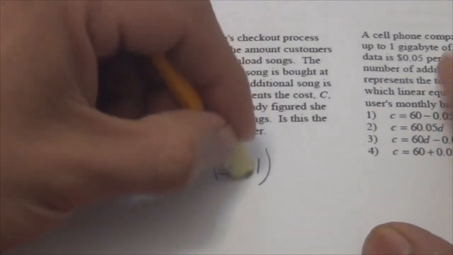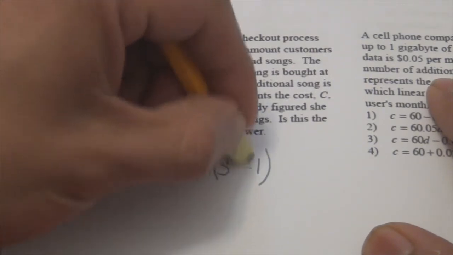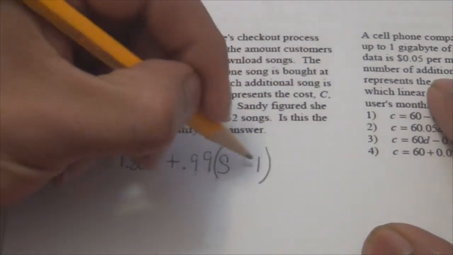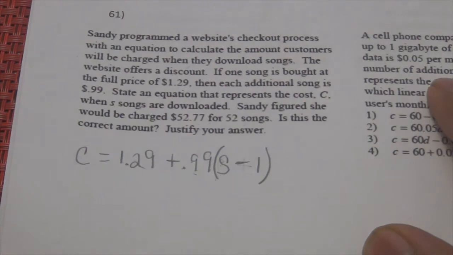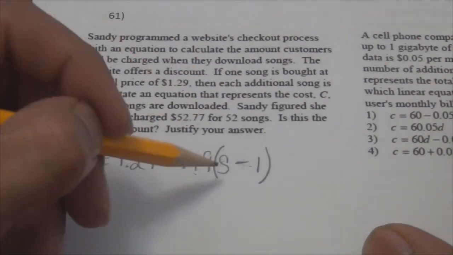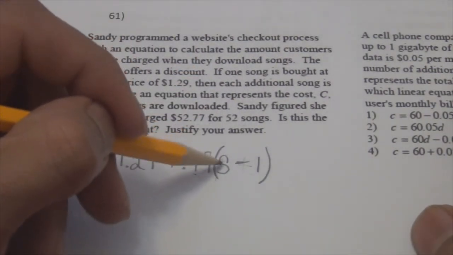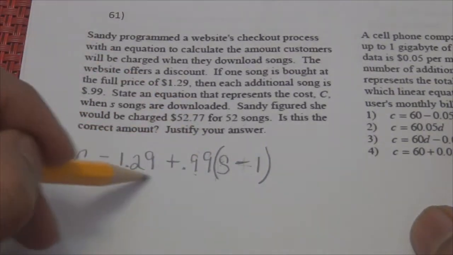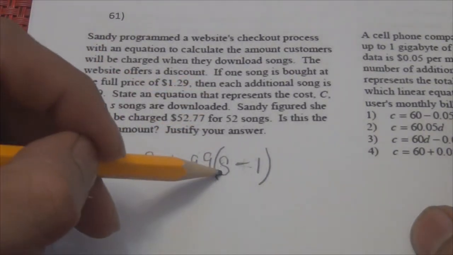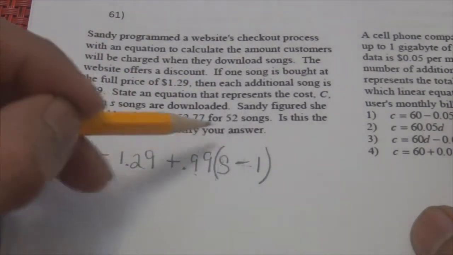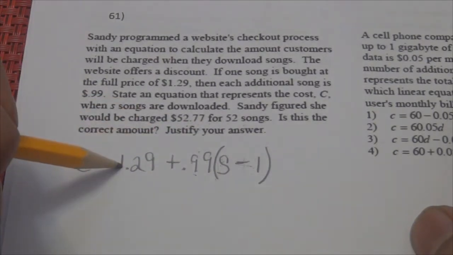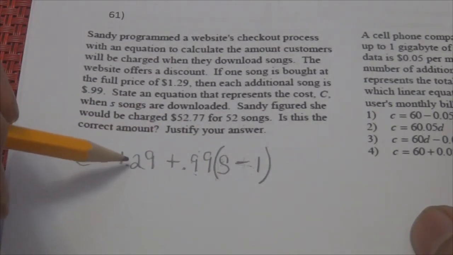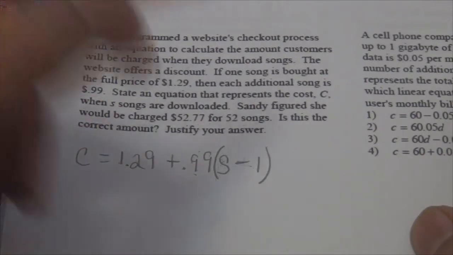So then, how about if I try this? How about if I try subtraction? Let's see what happens. If S is 1, right? 1 song. If I buy 1 song, I should only pay $1.29. So S is 1. So 1 minus 1 is 0. 0 times this is 0. Oh wow, look at this. I end up paying $1.29. That's nice.